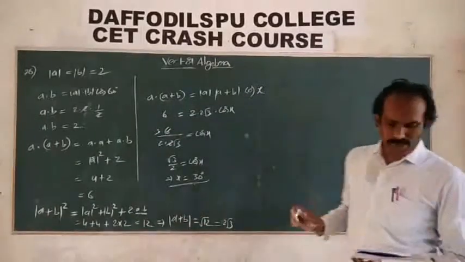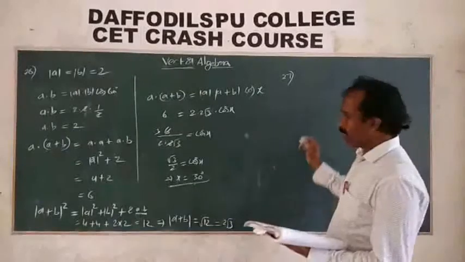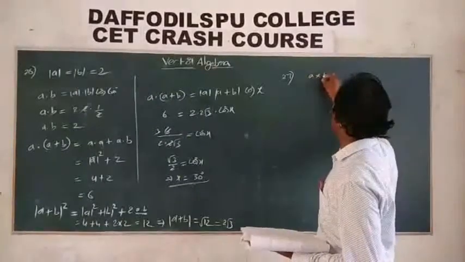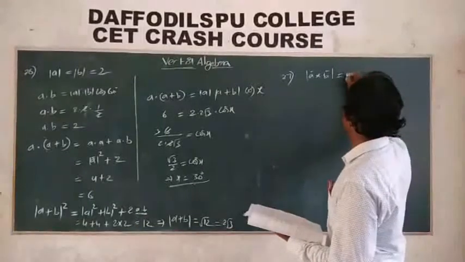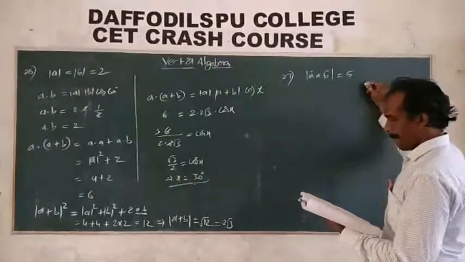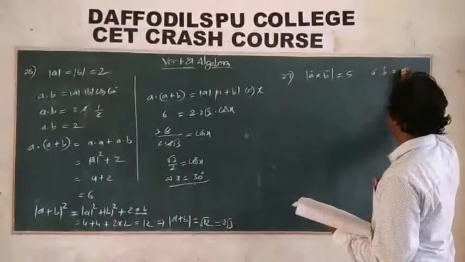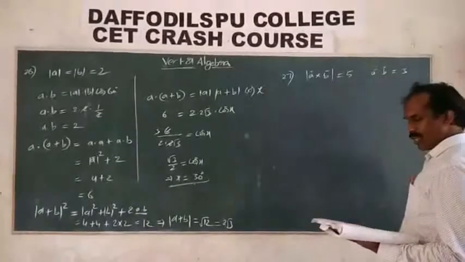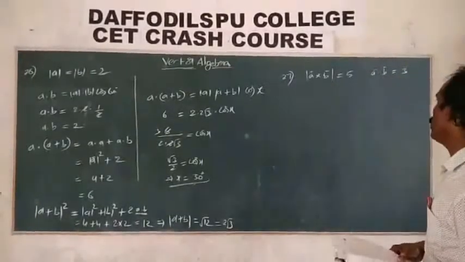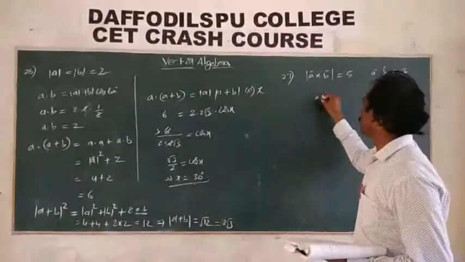Next one, 27. Modulus of A bar cross B bar is equal to 5, and modulus of A bar dot B bar is equal to 3. Then mod A square mod B square value is how much? One formula is there.